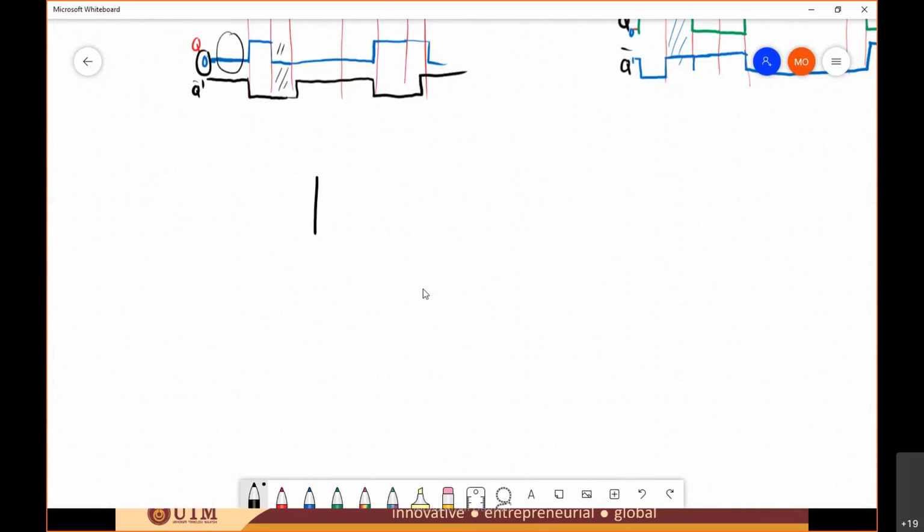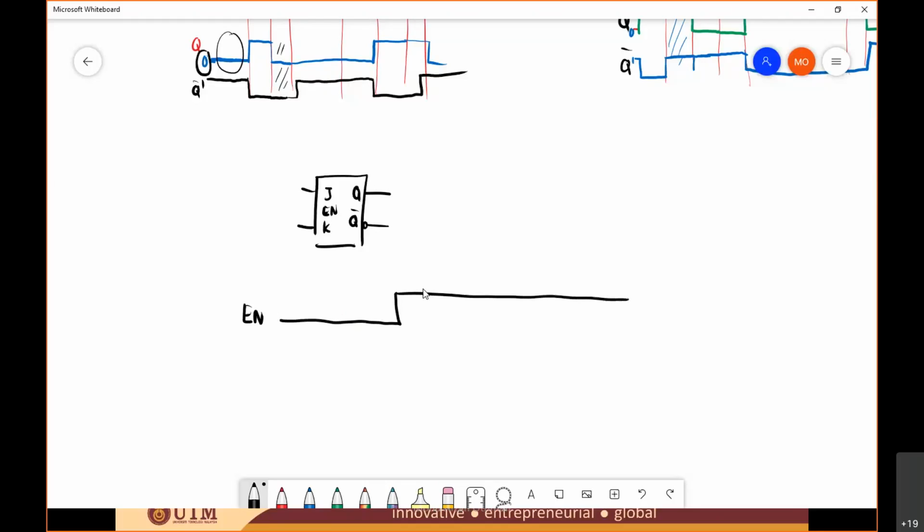Okay, you have a JK, enable, Q and this is a Q bar. Okay, this is your enable input. And this is your J and this is your K.